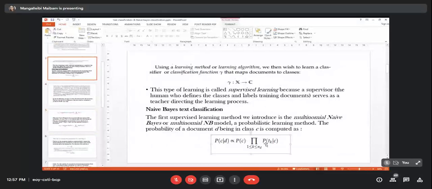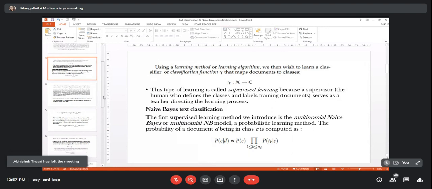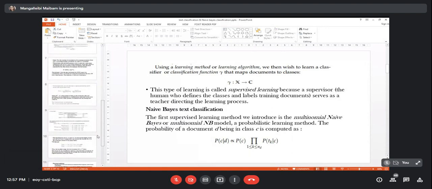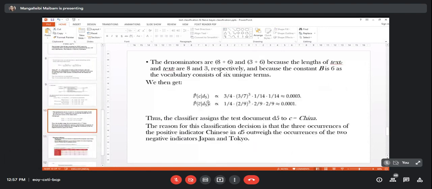For computing the probability of a document D being in class C, I'm using this formula for finding the probability. So this one, 3 by 4, is for D5 in China class.